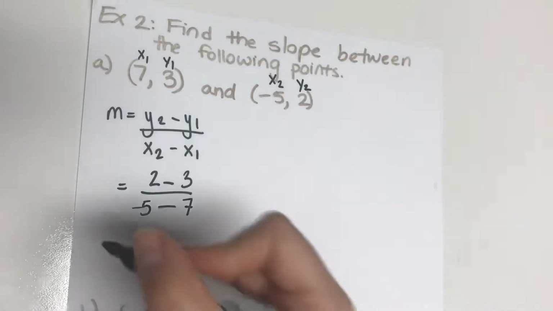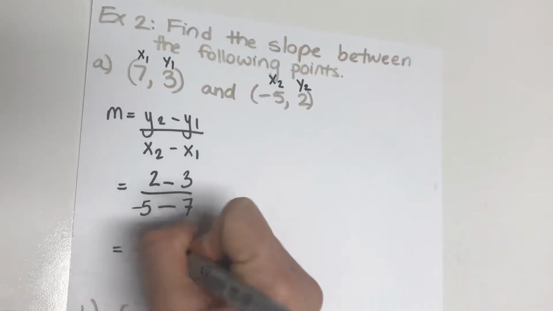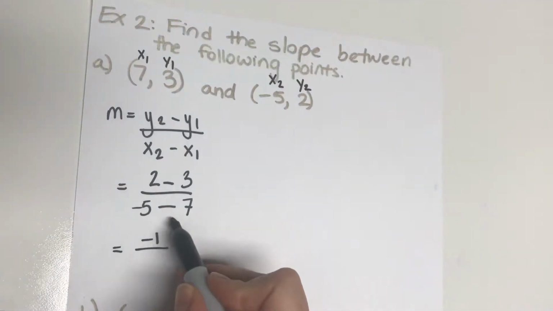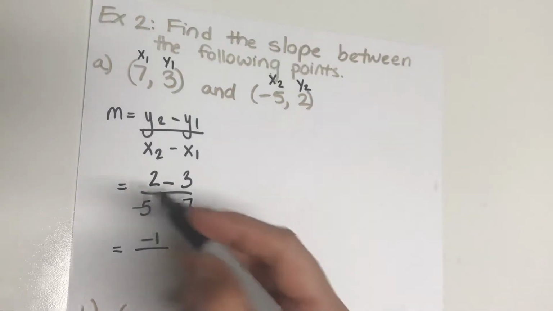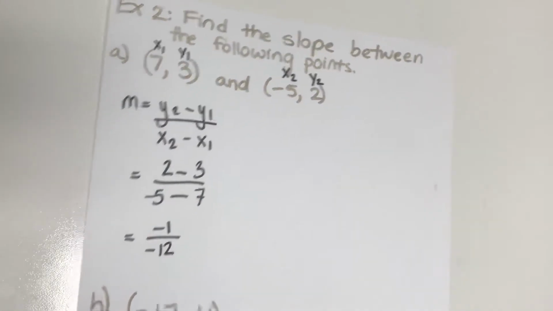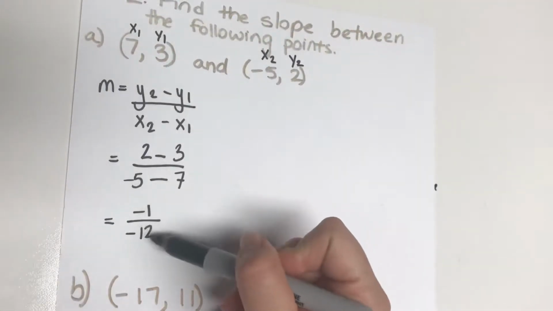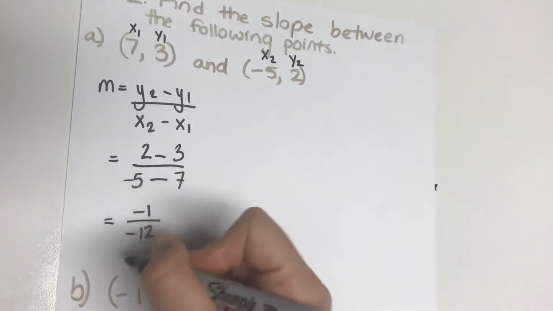Now it's a matter of simplifying. 2 minus 3 is negative 1, and negative 5 minus 7 is negative 12. A negative number divided by a negative number is positive.